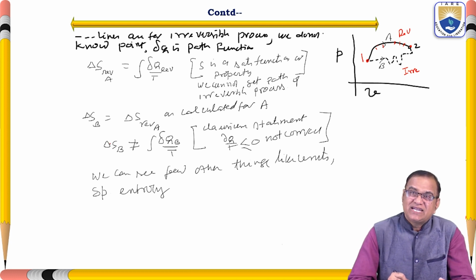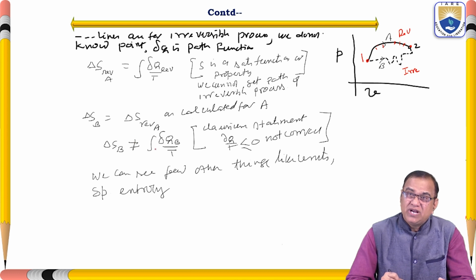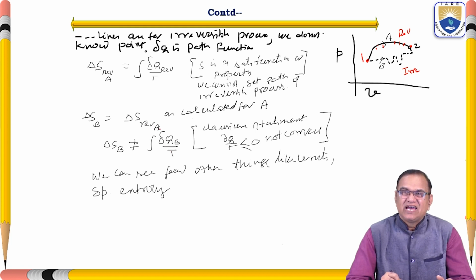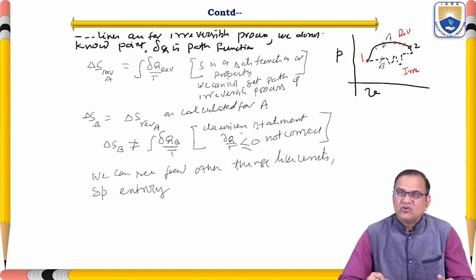So here delta SB is not equal to delta QB by T. This SB is not equal to delta QB by T, but it is equal to delta S reversible. So this is the Clausius statement, that delta Q by T is not equal to 0, not correct.